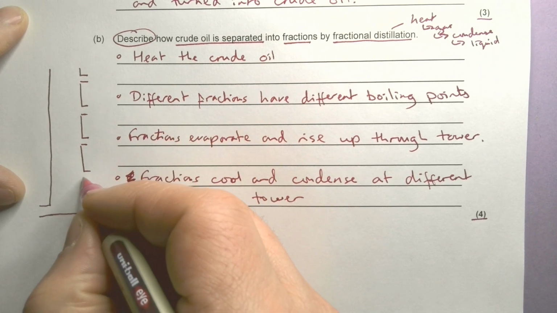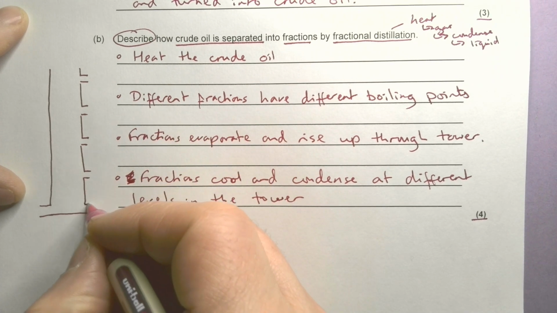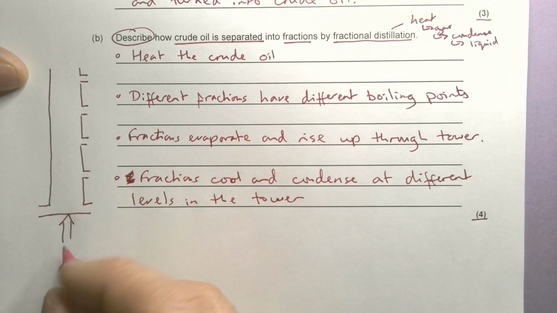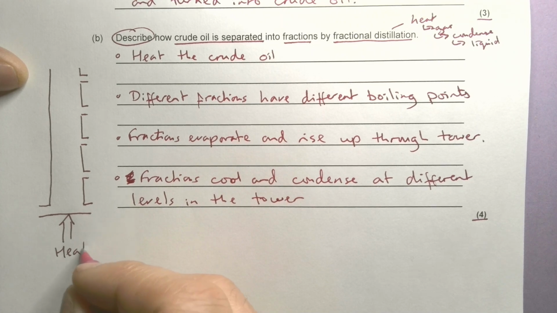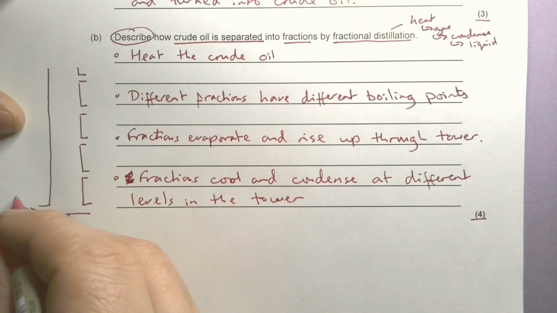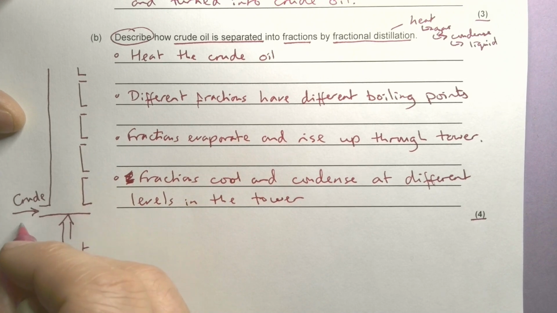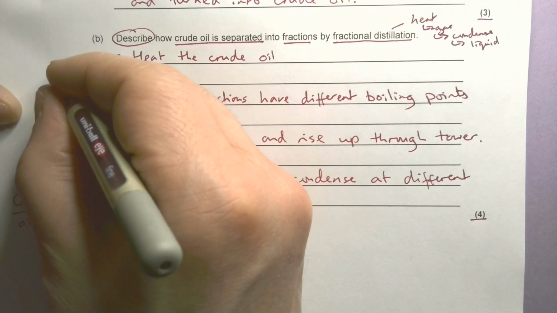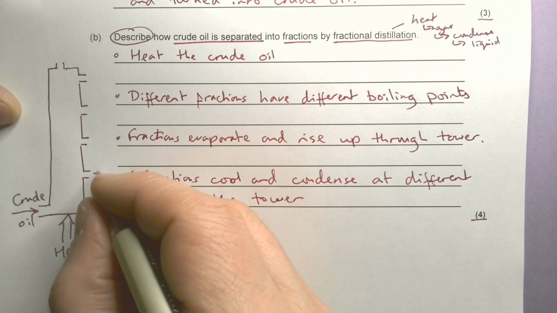Doesn't matter how many of these bits you have sticking off here, but you know that there is heat coming in here at the side, you have the crude oil, and then here you have different fractions.